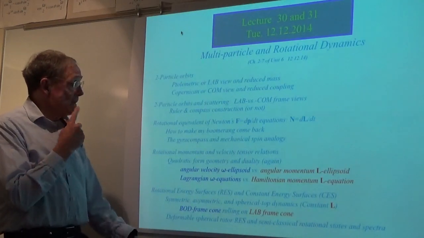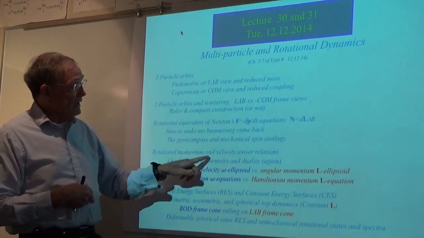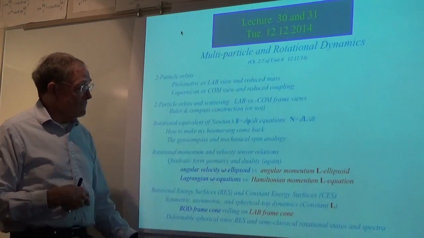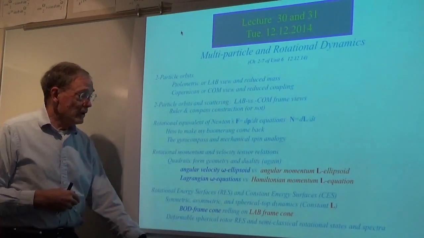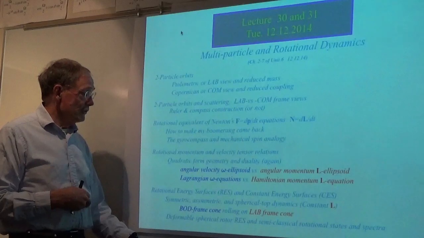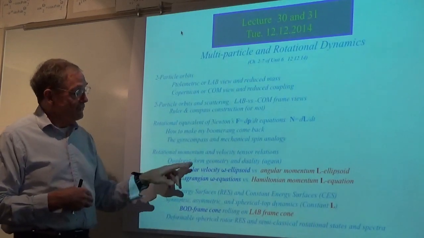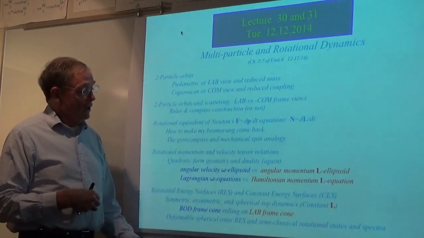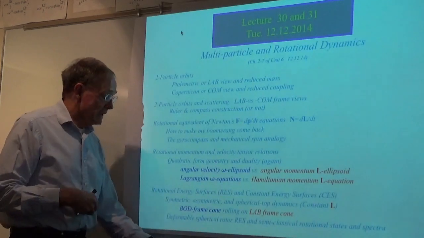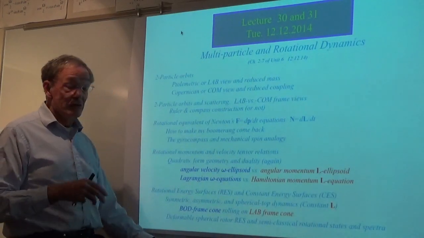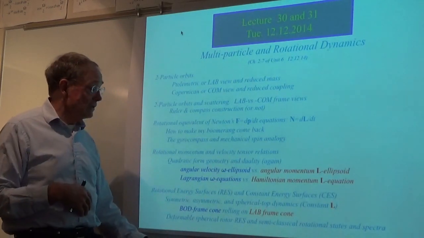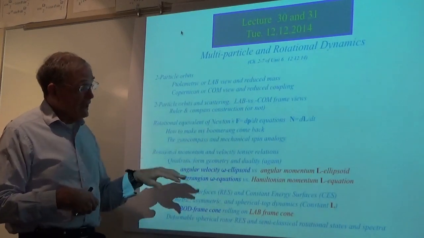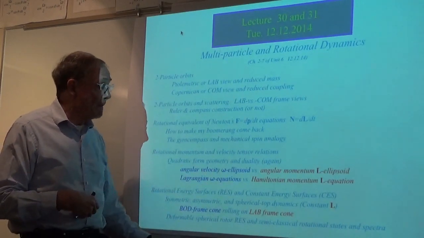Then the tensor analysis of angular momentum and rotational inertia, the quadratic form that we introduced for the superball problem, and then as a way to understand Lagrange versus Hamiltonian, all of that stuff comes back in 3 dimensions now.